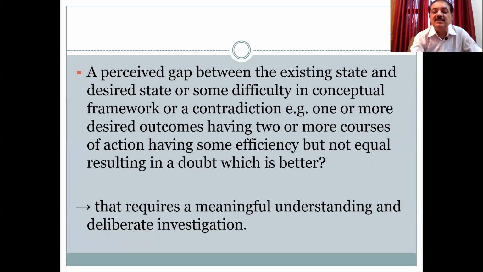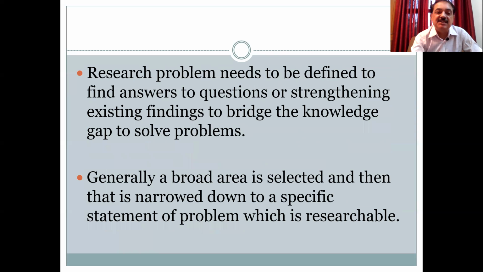For example, one or more desired outcomes having two or more courses of action having some efficiency, but not equal, resulting in a doubt which is better. So if we want to know which one is better, that compels us to conduct the study. So that requires a meaningful understanding and deliberate investigation.